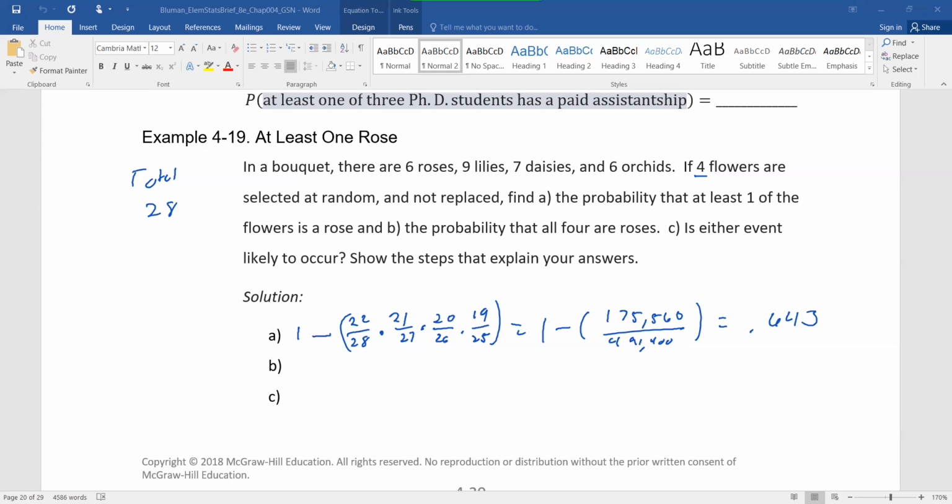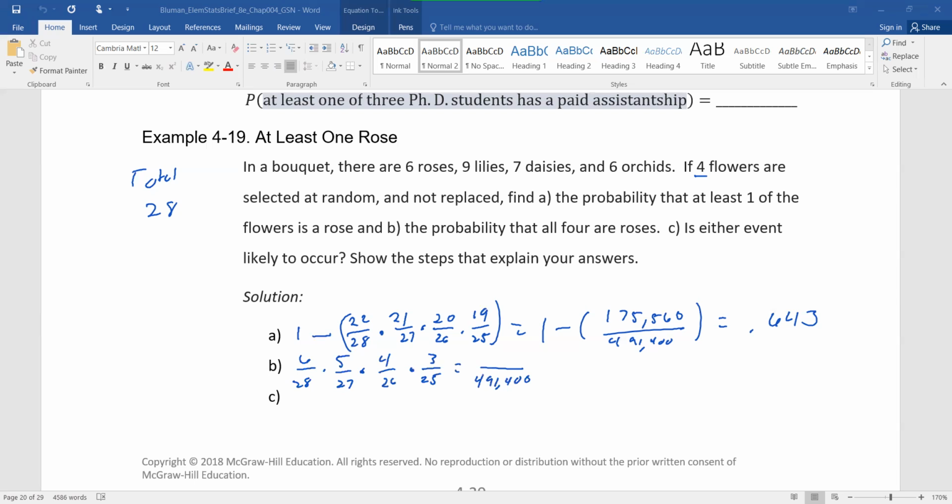So what's the probability that they're all roses the first time? What's the probability that they're all roses the second time? You're right, 5 out of 27. What's the probability that they're all roses the third time? What's the probability that they're all roses the next time? Yeah. We know the bottom number already.